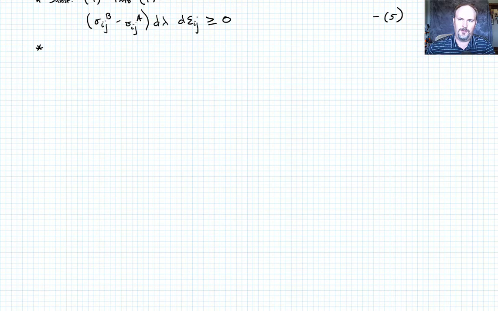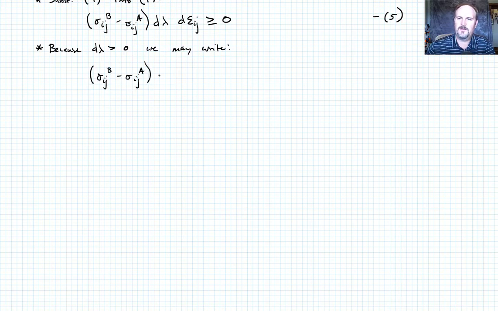If we divide by d lambda, we still have 0 on this side. So because d lambda is greater than 0, we may write that sigma ij b minus sigma ij a, d epsilon ij is also greater than or equal to 0. Call that equation 6.